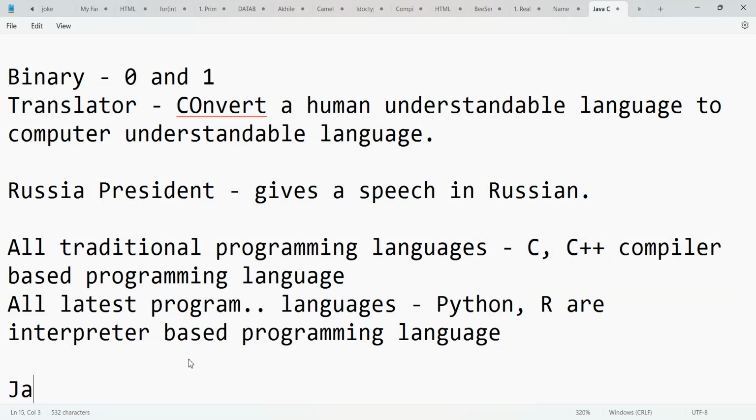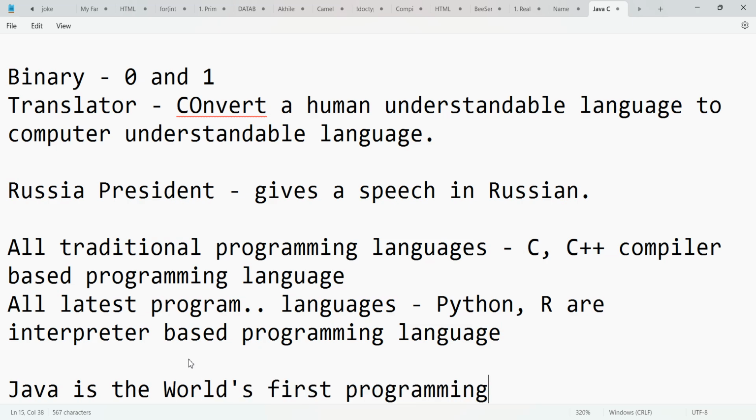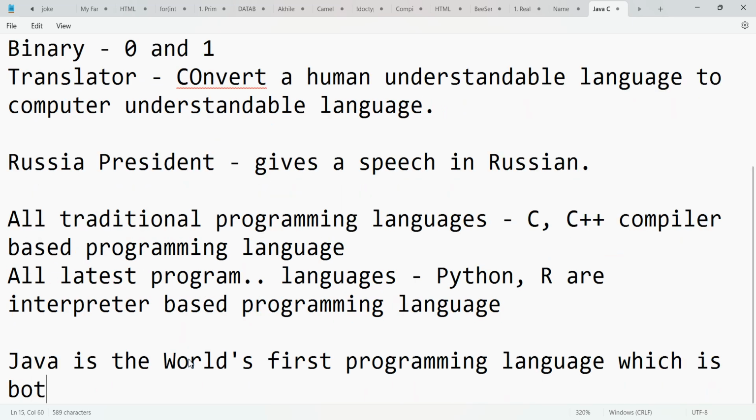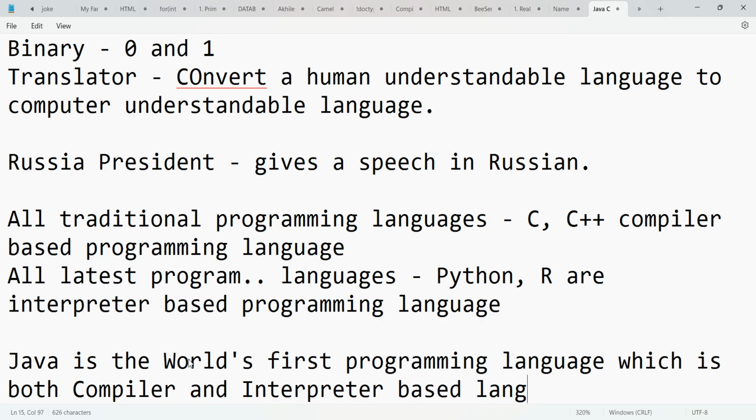Now remember, Java is the world's first programming language which is both compiler and interpreter based language.